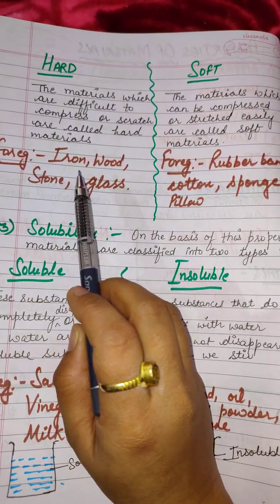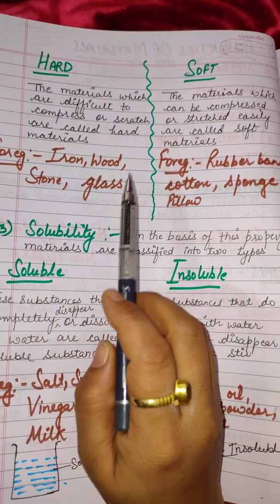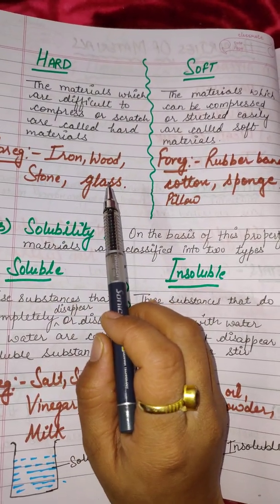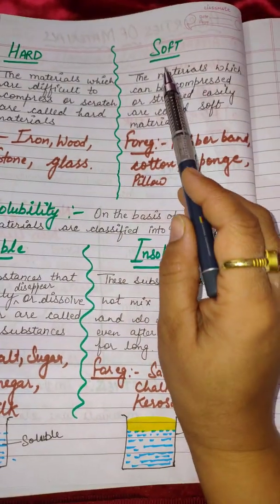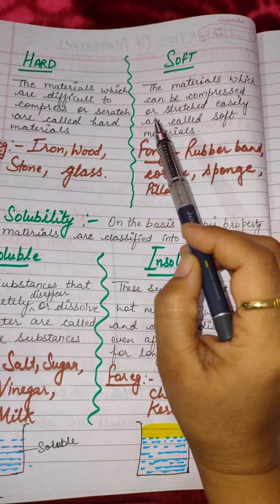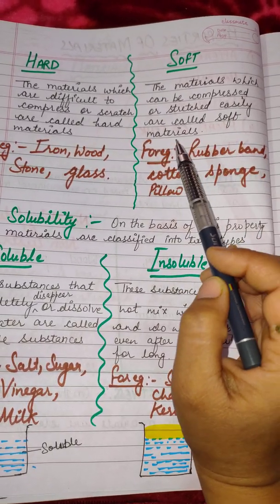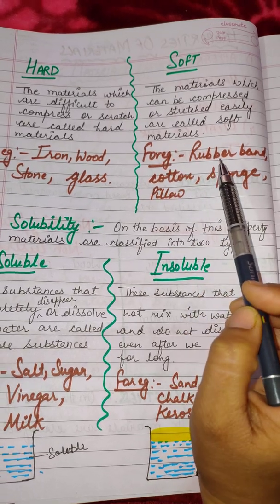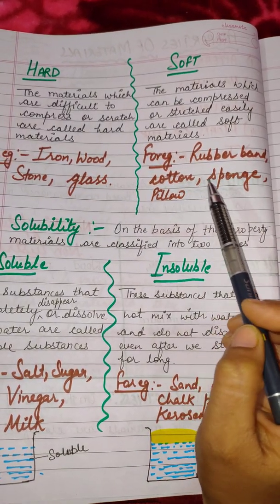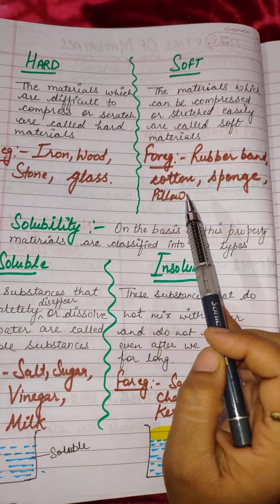For example, iron, wood, stone and glass. All of these are hard materials. Whereas the materials which can be compressed or stretched easily are called soft materials. For example, rubber band, cotton, sponge, pillow. All of these are soft materials.